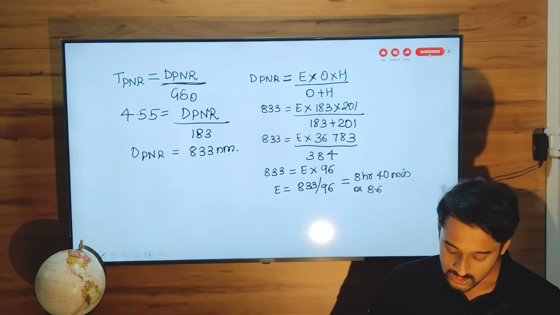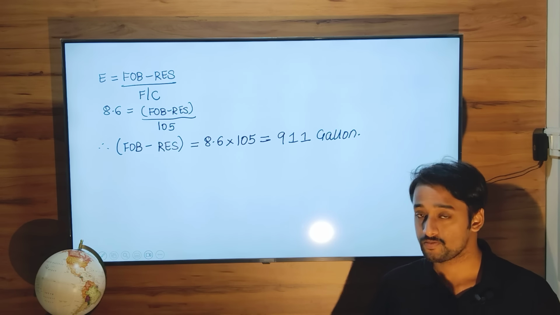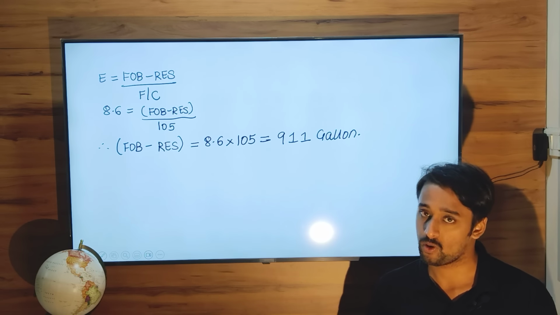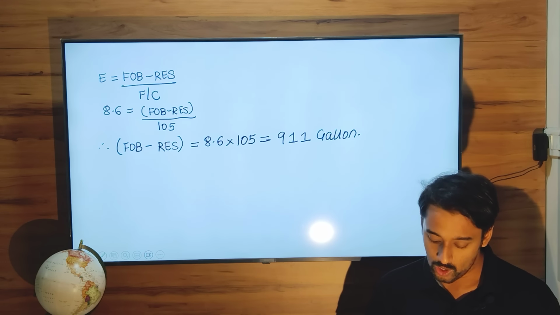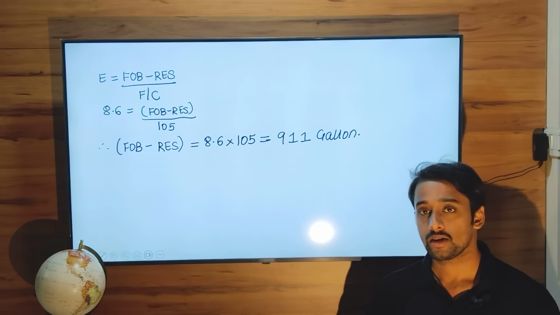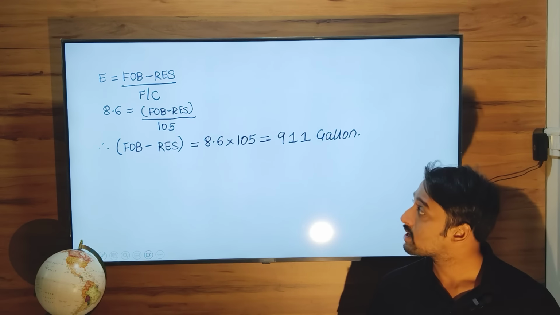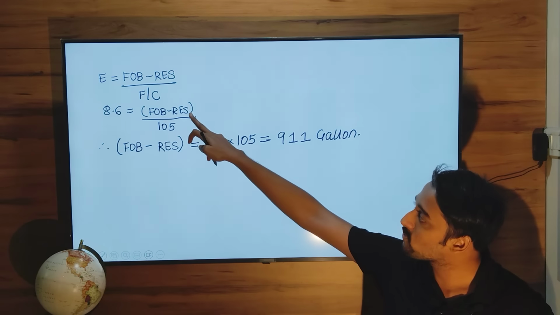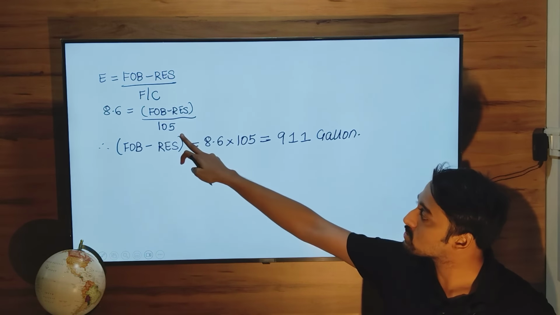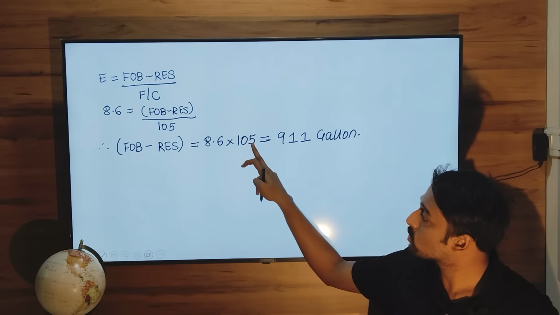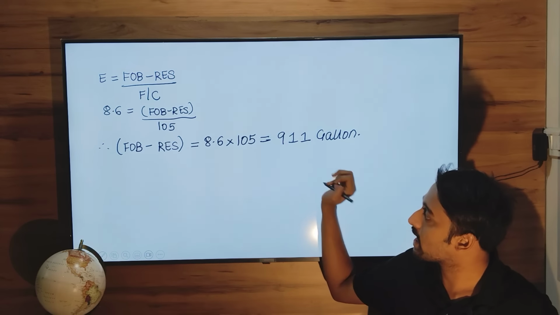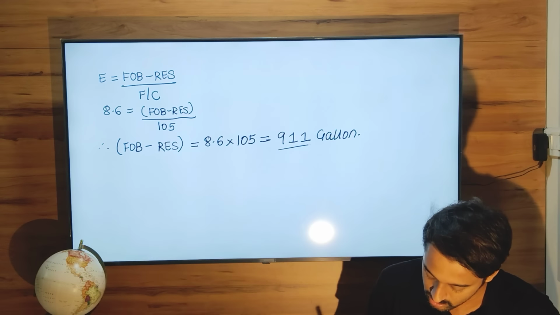After getting endurance, you substituted the values in the endurance formula, which is fuel on board minus reserve divided by 105, which is the consumption rate. And this is what we were told to find. So cross multiply 8.6 into 105, which gives 911 gallons.